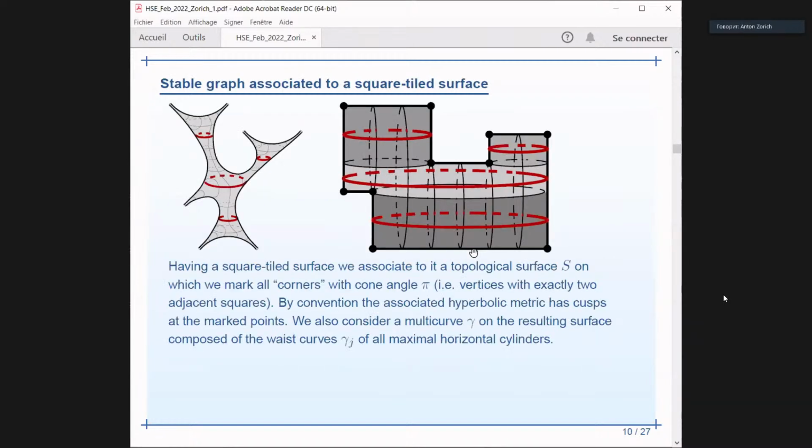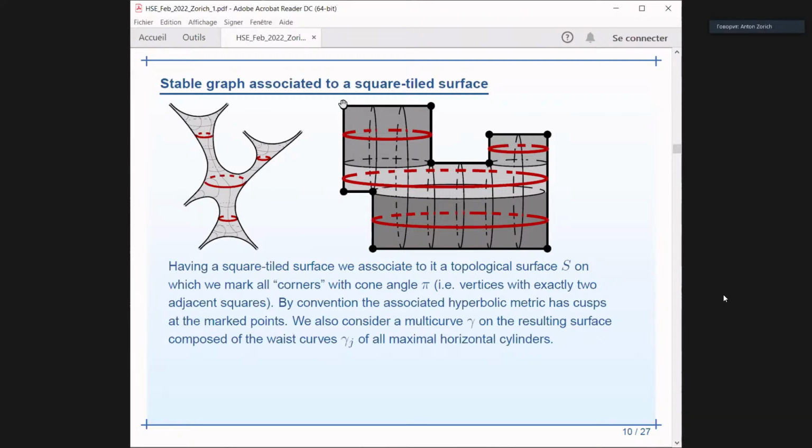And now I want to pass to count of square-tiled surfaces. So a square-tiled surface is the surface which you see in the right picture. Here on the right, to make the picture simpler, I constructed a very peculiar and very special square-tiled surface. I just took square-tiled paper and chopped 2 copies of this polygon which you see from this paper.